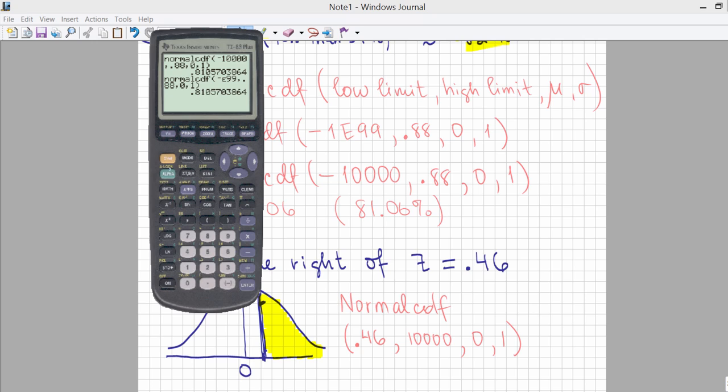Okay. We're going to go to second variables, command 2, 0.46 up to a large number. No, I need to use a comma: 0, 1.